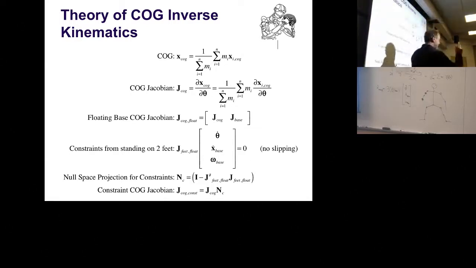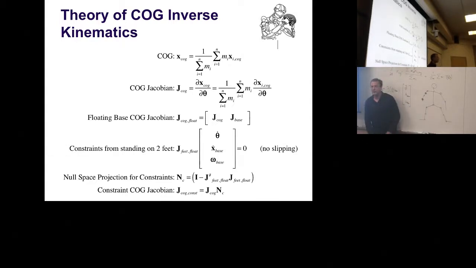Additionally, and this is coming back to your question, I believe, we need to now insert that we have constraints from the world. And the constraint is that our feet are not moving. So this is very easily expressed by saying that the Jacobian of the left foot, and I have to make it floating base, times this big vector theta dot, x dot base and omega base, well, has to be 0, this multiplication, since my feet are not permitted to move.